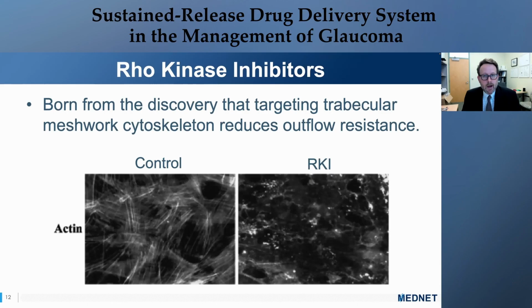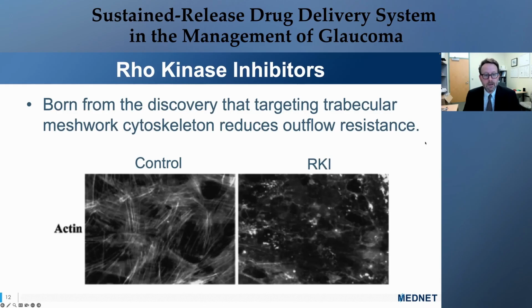So the use of Rho kinase inhibitors to lower intraocular pressure was born from the discovery that targeting the trabecular meshwork cytoskeleton could reduce outflow resistance. Rho kinase is a kinase that's present in trabecular meshwork cells and also throughout the body that has an important role in forming the cytoskeleton of many cells.